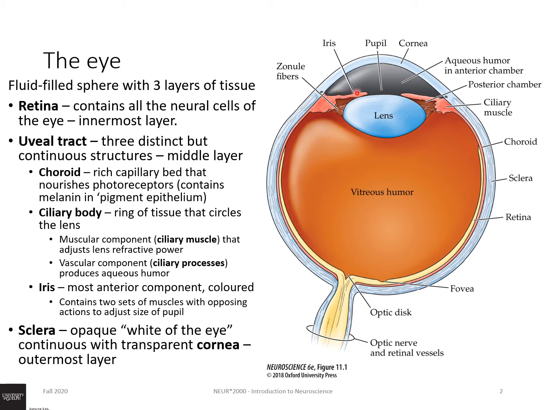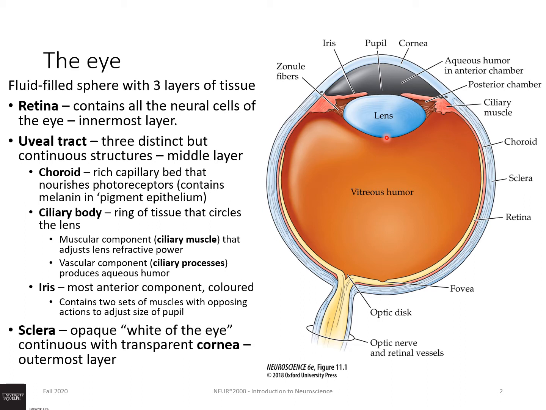And so the iris adjusts the size of the pupil, so the space through which light can flow through the lens. And the ciliary muscle is what causes the lens to either flatten or round through that accommodation.